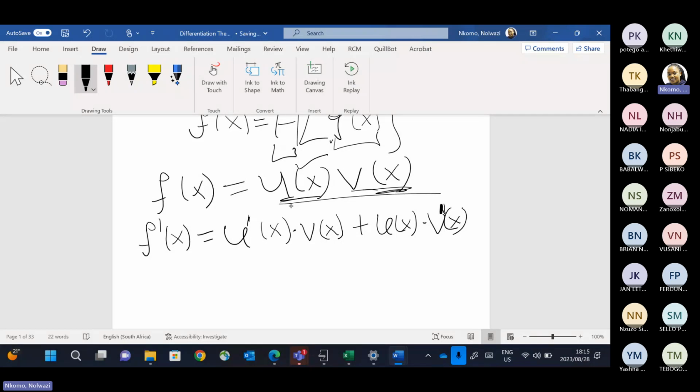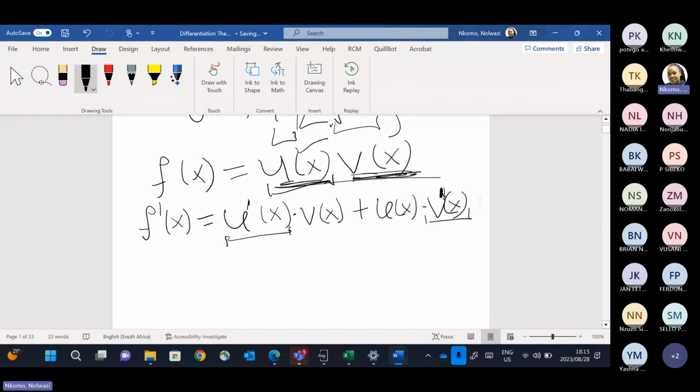We have u at x and v at x. We can find u prime at x from u at x and v prime at x from v at x. u prime at x is the derivative of u at x, and v prime at x is the derivative of v at x.